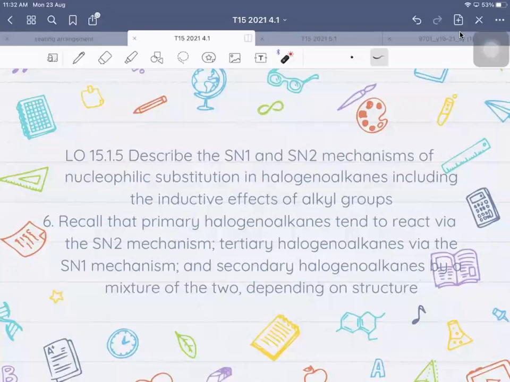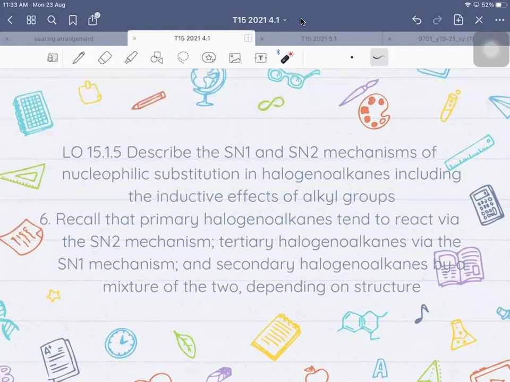They are fully saturated. So when it is involved in a reaction, you cannot add any additional bonds, but what you can do is substitute, replace your original atom with a new atom.